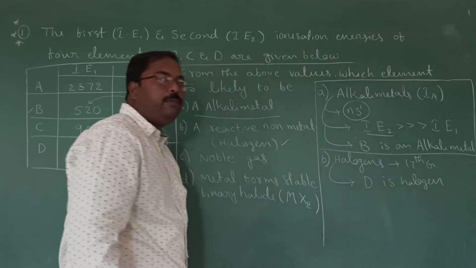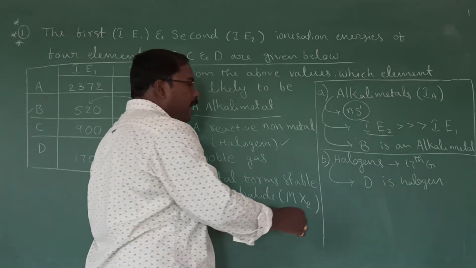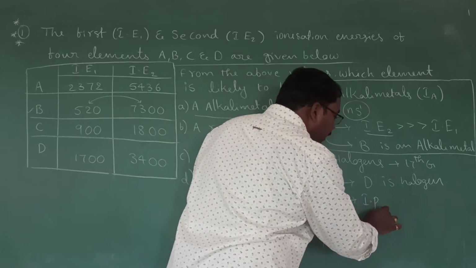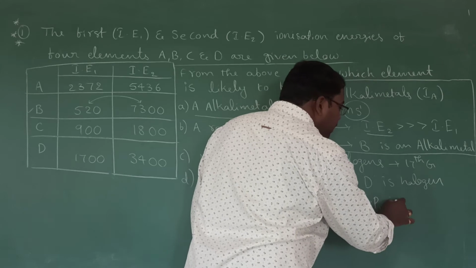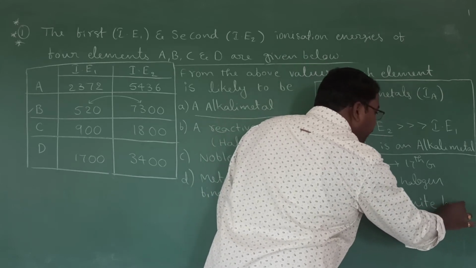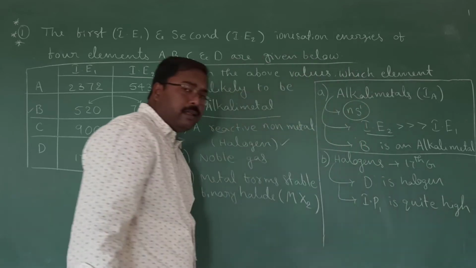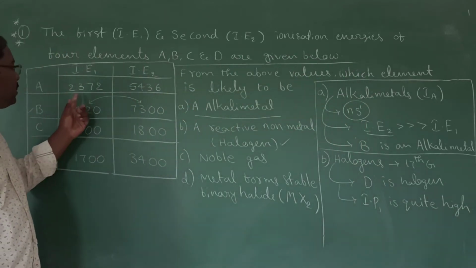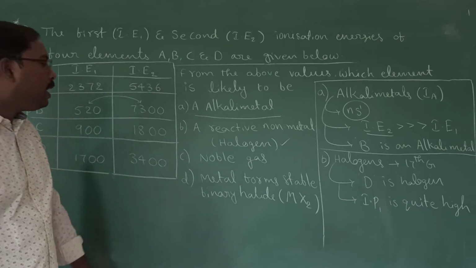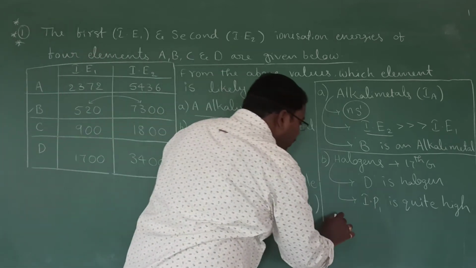On what basis are we saying D is a halogen? Because the first ionization potential value is quite high, but not the highest value. Because the highest value is for what? Noble gas. Our third question is that one only.